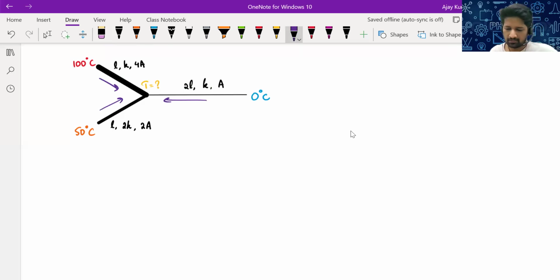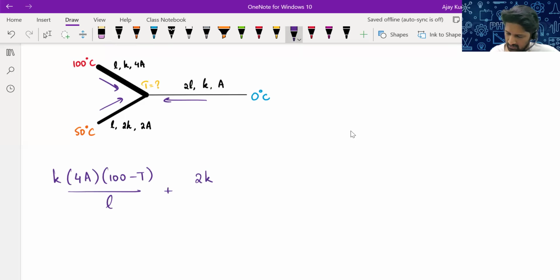So we are going to write total inflow is equal to 0. So K A delta T divided by L. That is inflow in the rod whose one end is maintained at 100. Next, 2K into 2A delta T divided by L. That is inflow in the rod whose one end is maintained at 50.